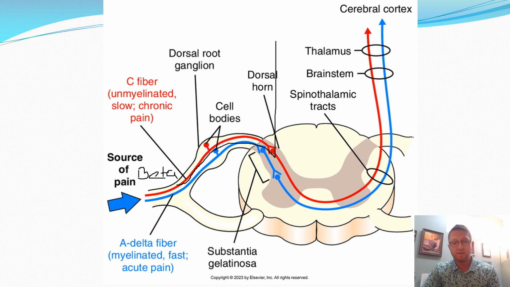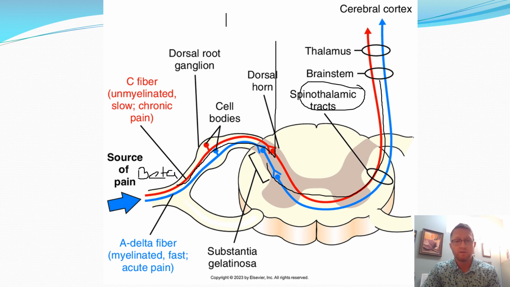So we can see that the C fibers and the delta fibers come all the way through here, through the spinothalamic tract, okay? But that's only for actual pain stimuli, okay? Noxious stimulus. Whenever the beta fibers send information, they get sent up through a different tract to the thalamus, to the brain, to the cerebral cortex, okay?